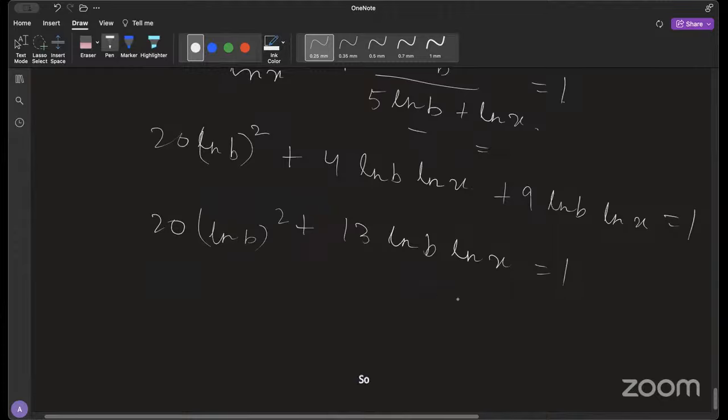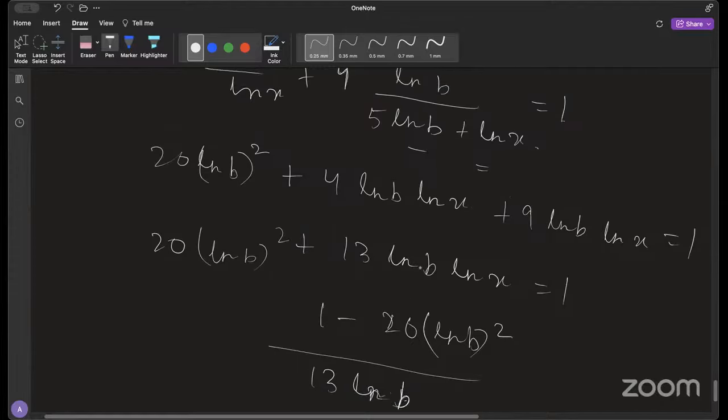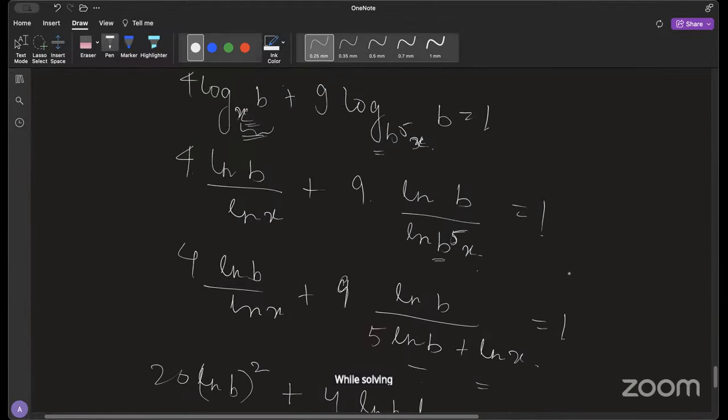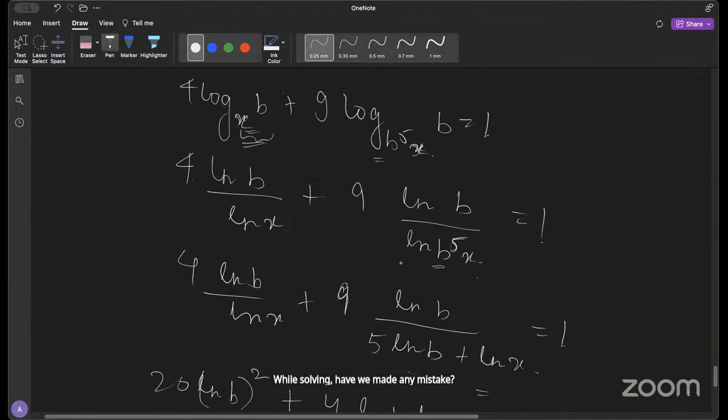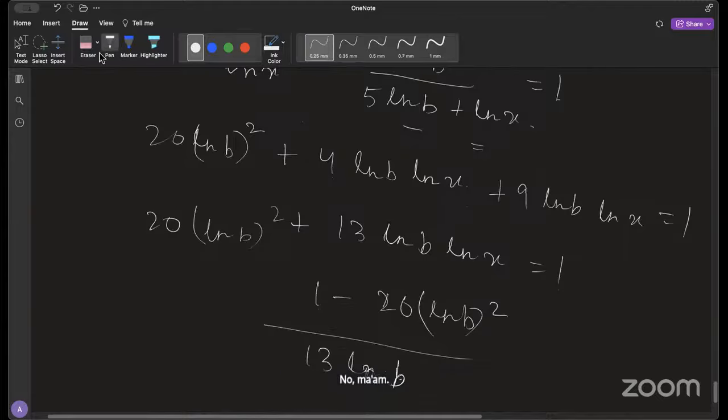So let's take it to that side, minus 20 natural log of b squared and 13 natural log of b. While solving, have we made any mistake? What happened to the denominator?